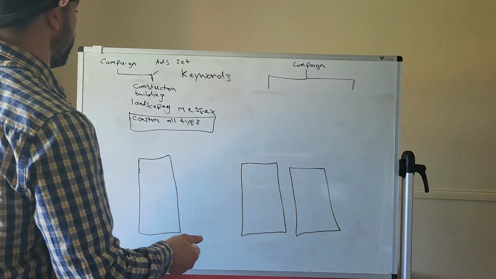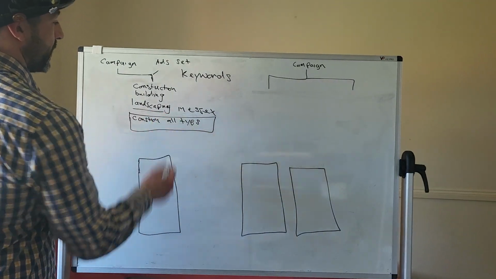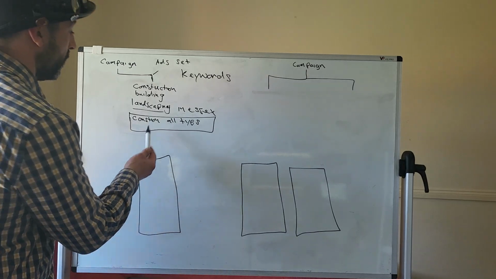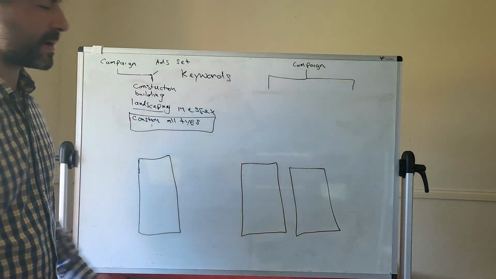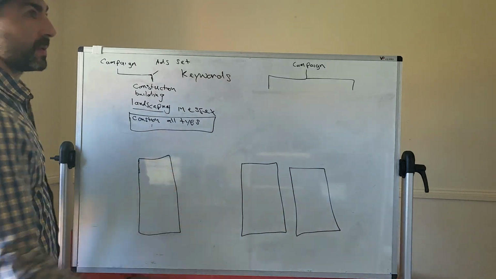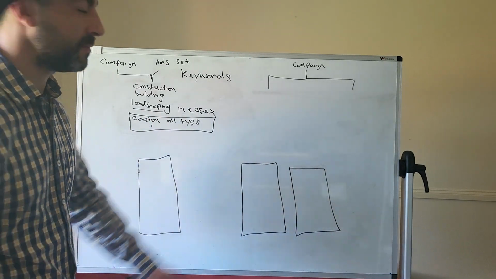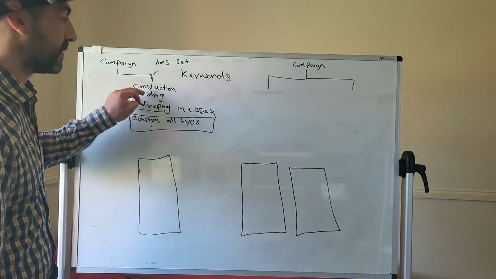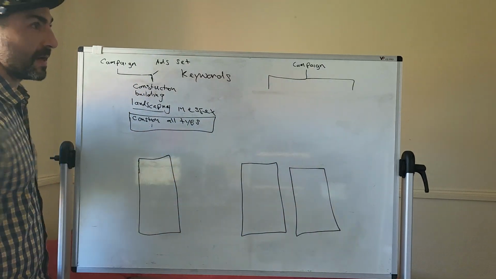So someone looking for a landscaping project, and you've set your ad up to be generic, they're probably not going to click on it. They're looking for landscaping, they're not looking for construction per se, which is what you've targeted in your keywords. So you'll be lucky if they click on your ad.